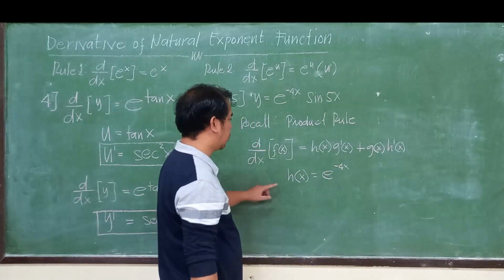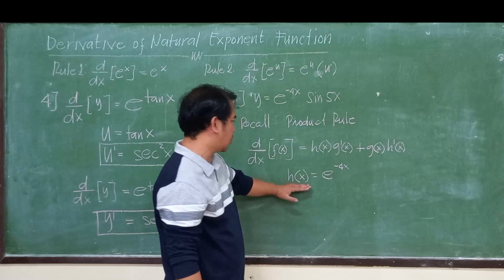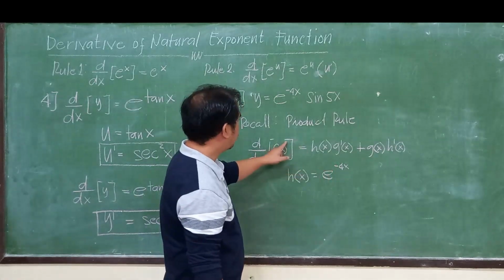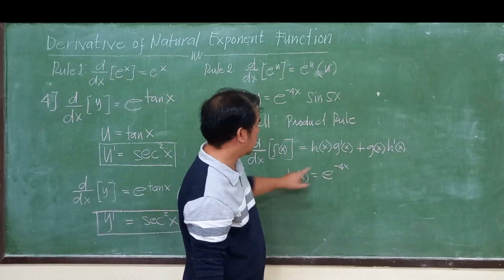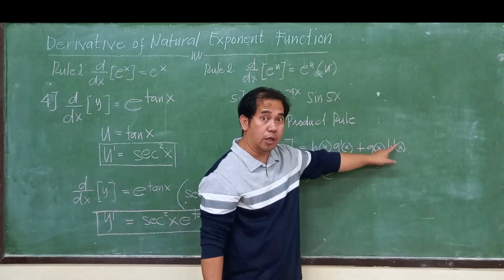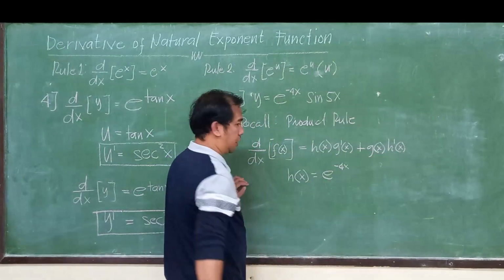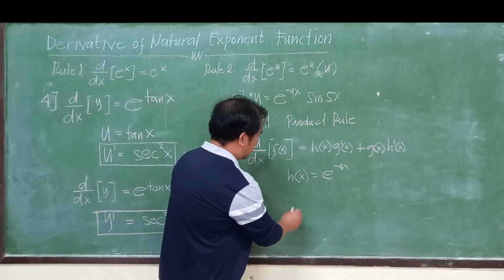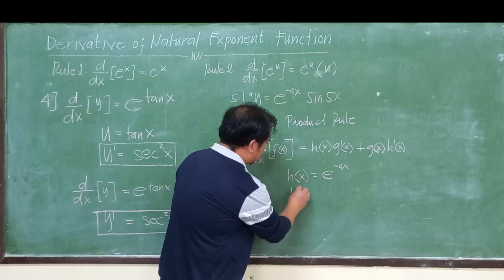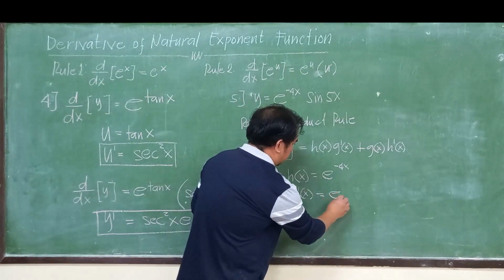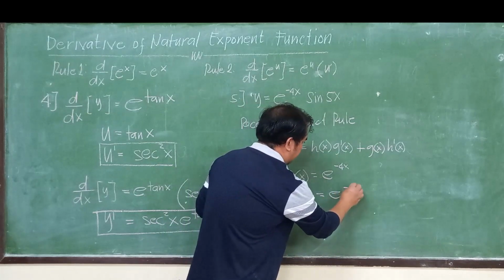When I get the h of x, which is e raised to negative 4x, I have to get the derivative because the derivative will be a multiplier.